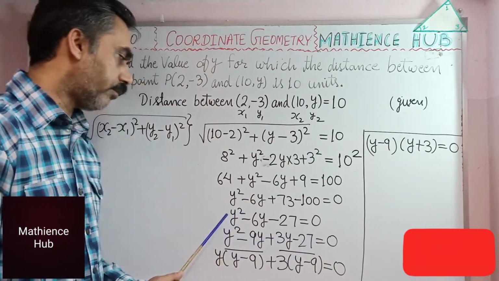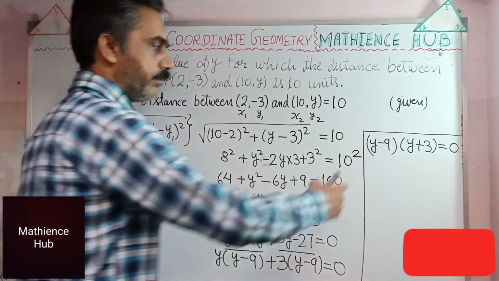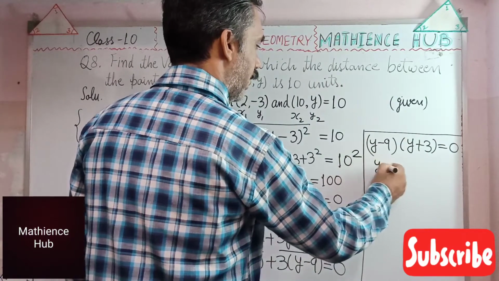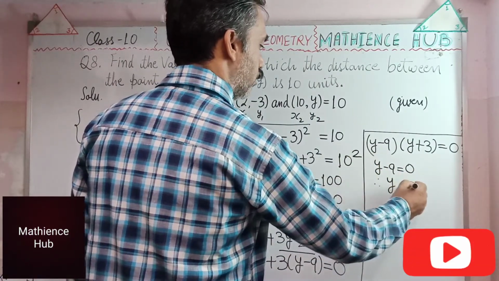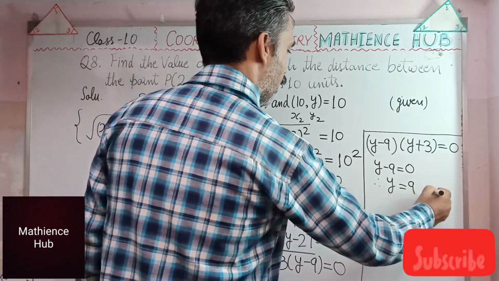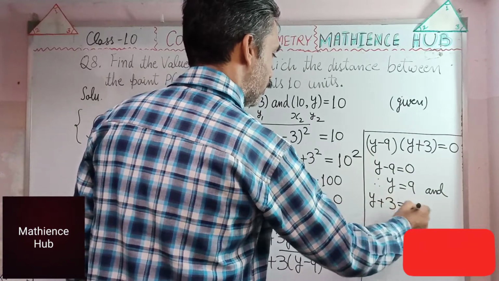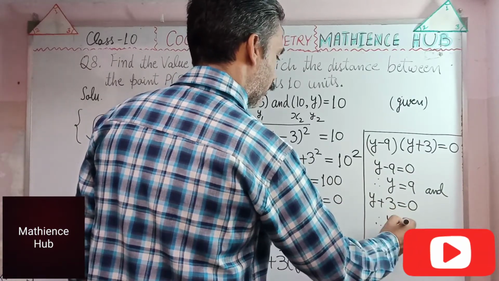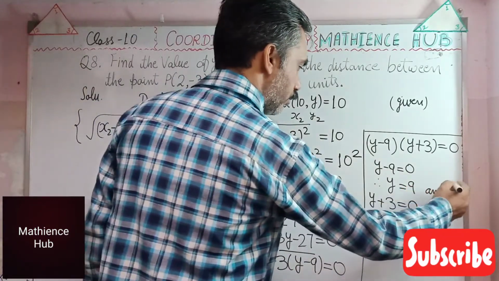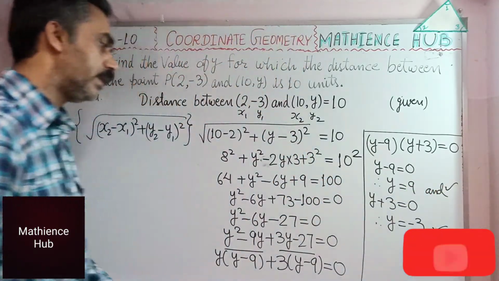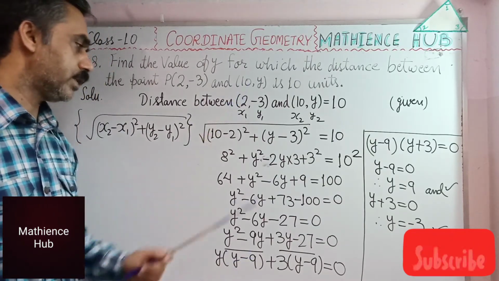This is a quadratic equation, so we get two values of y. From y minus 9 equals 0, y equals 9. And from y plus 3 equals 0, y equals minus 3. So y equals 9 and y equals minus 3 are the two values we get in this question.